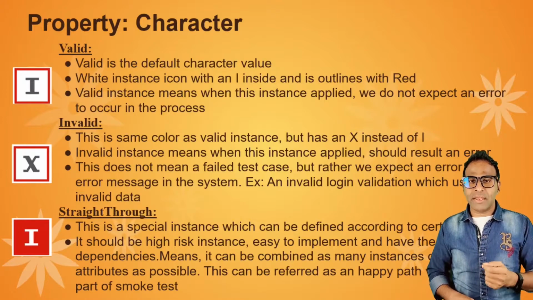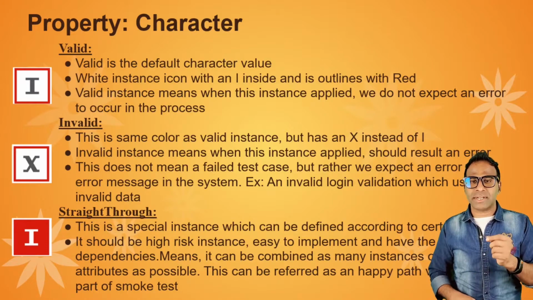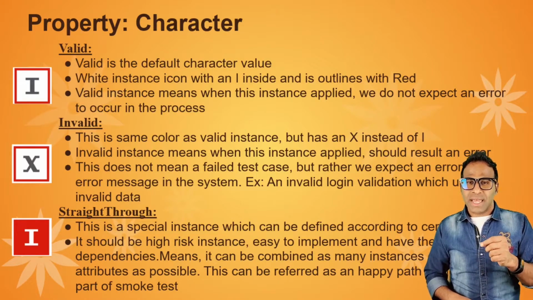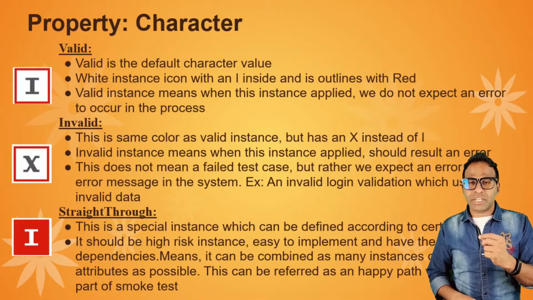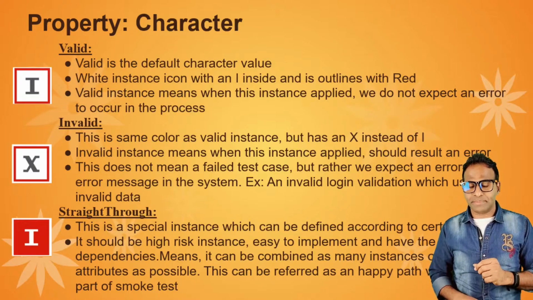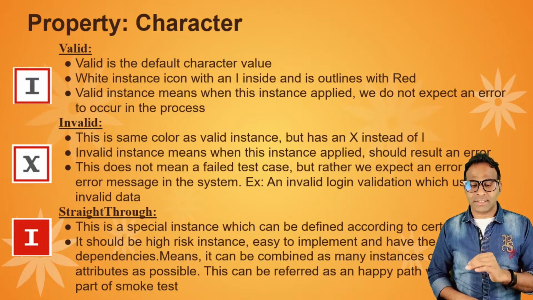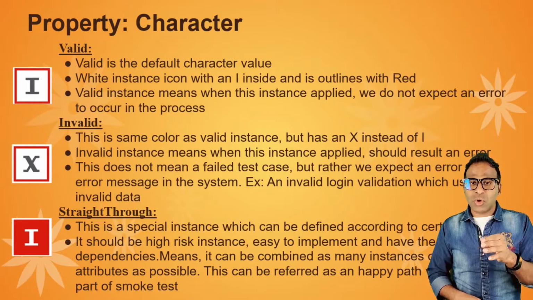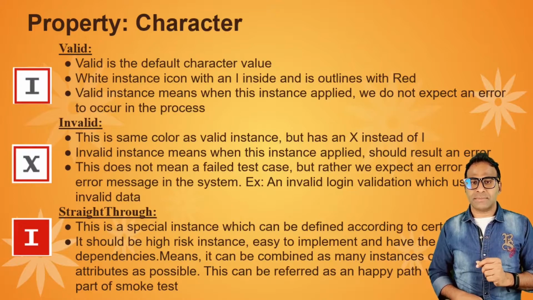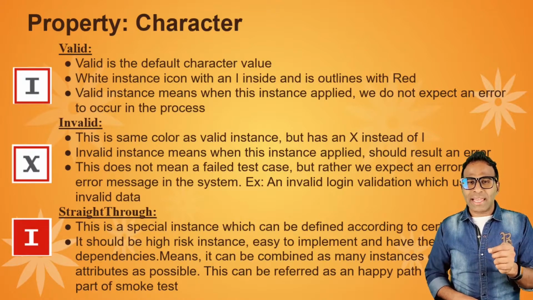And what is the third one? The third one is straight through. This is a special instance which can be defined according to certain criteria: it should be a low risk instance, easy to implement, and have the fewest dependencies, which means it can be combined.